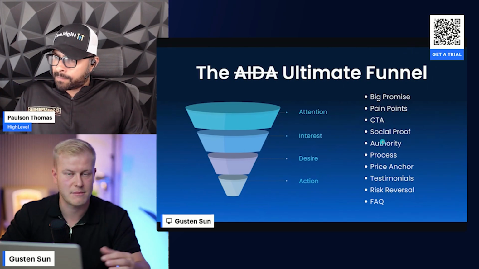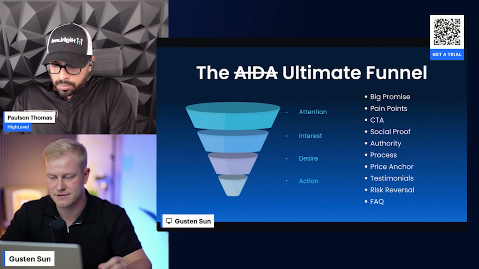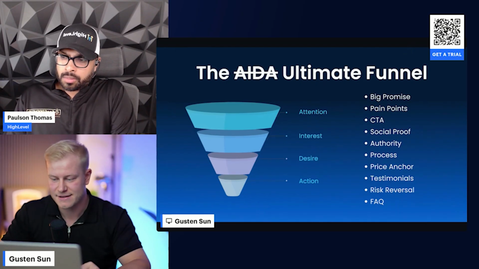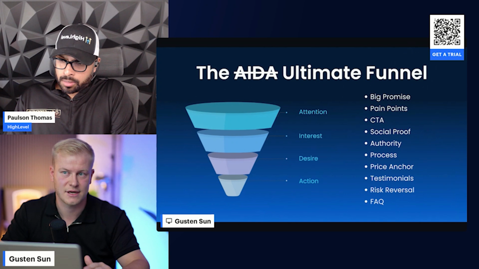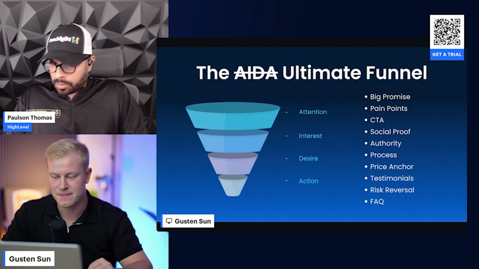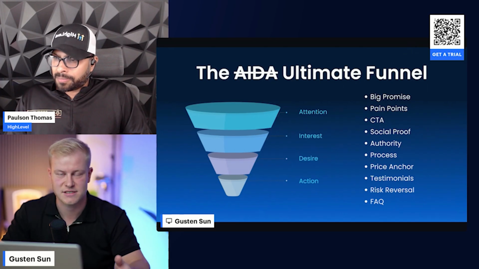And then authority, maybe your backstory, the logical process of getting the result. And then you have the price anchor, how much it's worth versus what they pay, testimonials, other people having great experiences and giving you reviews, risk reversal, FAQ to overcome objections, concerns, fears, logical questions.